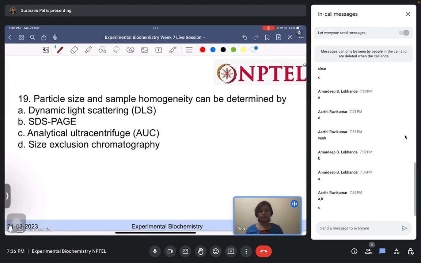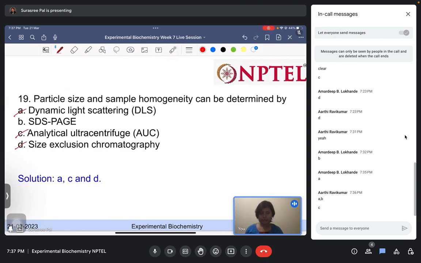Okay, particle size and sample homogeneity can be determined by which of the following techniques? Dynamic light scattering, analytical ultracentrifuge, as well as size exclusion chromatography. All three of them can be used for detection of particle size and sample homogeneity.